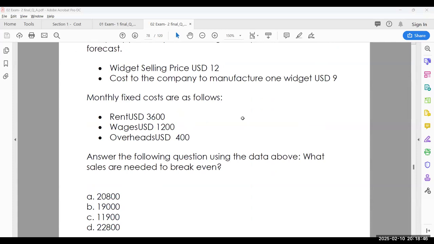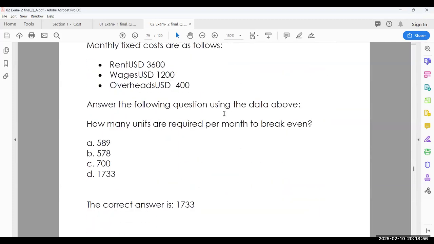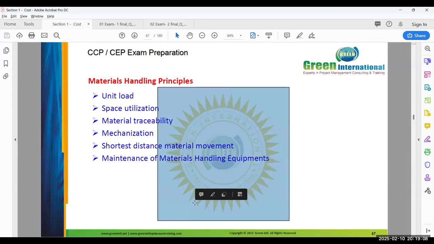That is 20,800. So break-even quantity is 1733 multiplied by 12. Similar kinds of questions will come for the exam also. So I think this is clear. Right? Clear.